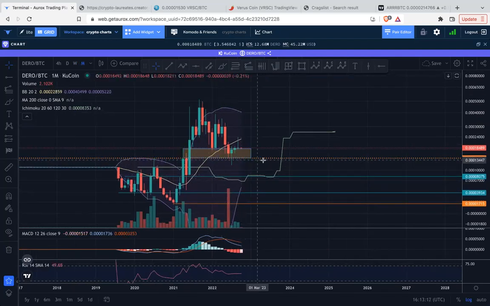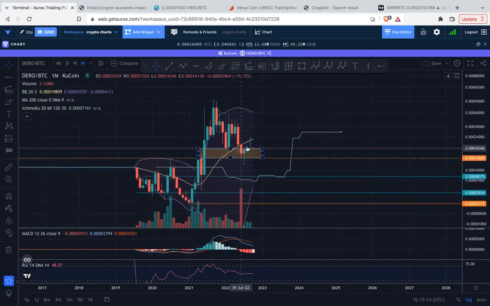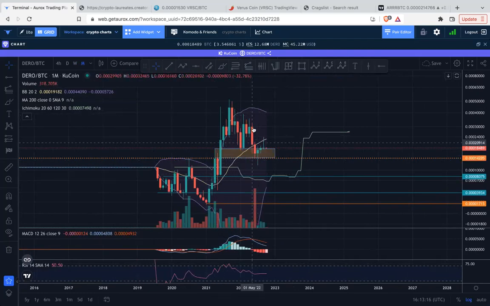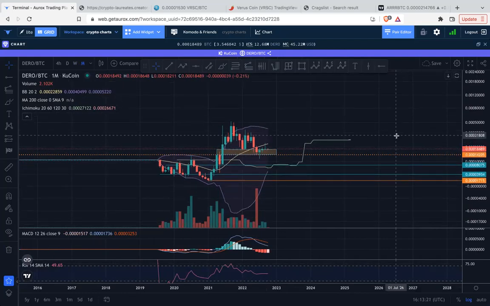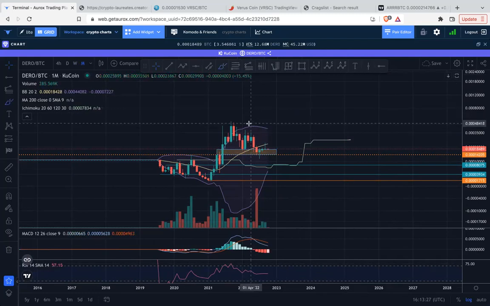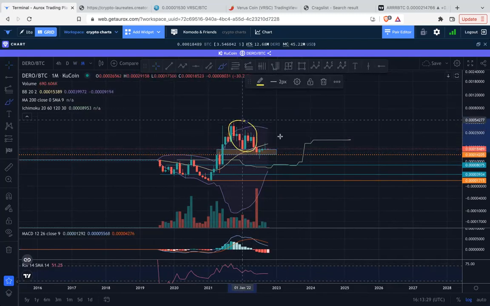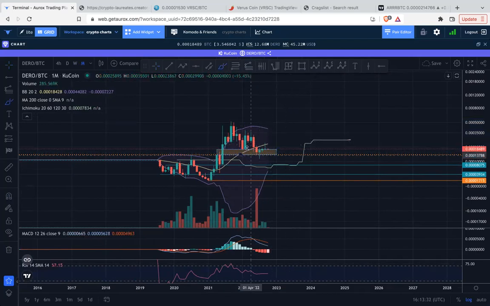So interestingly enough, over time, after they do their pumps, they take their time and do their dumps, their corrections, their consolidations, whatever you want to call it, depending on how you see it. But I see we've done this price action here on the downturn. If we're just looking at the consolidation, we've done this price action here.